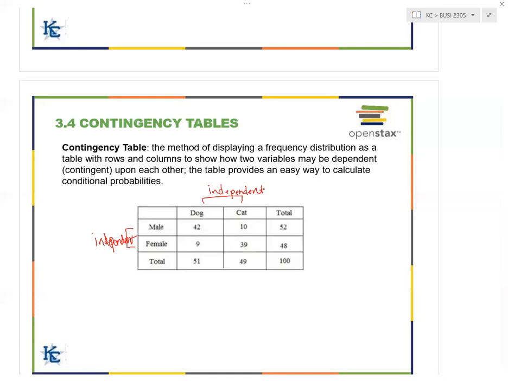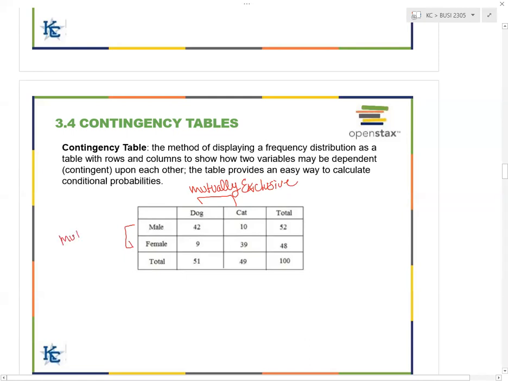Oh, I've got my words backwards. I was thinking about mutually exclusive, right? So you can't overlap here. So these are mutually exclusive. And this cannot overlap as far as animals.